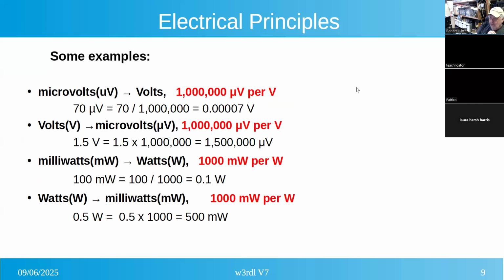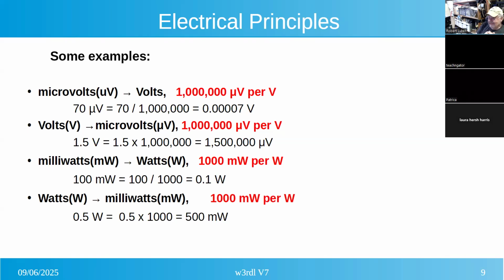If we're doing, let's say, voltages, and we want to convert microvolts to volts, remember there's 1 million microvolts in a volt. So in this case, we divide because we're going to a bigger number. So we would come out with 0.00007 volts.